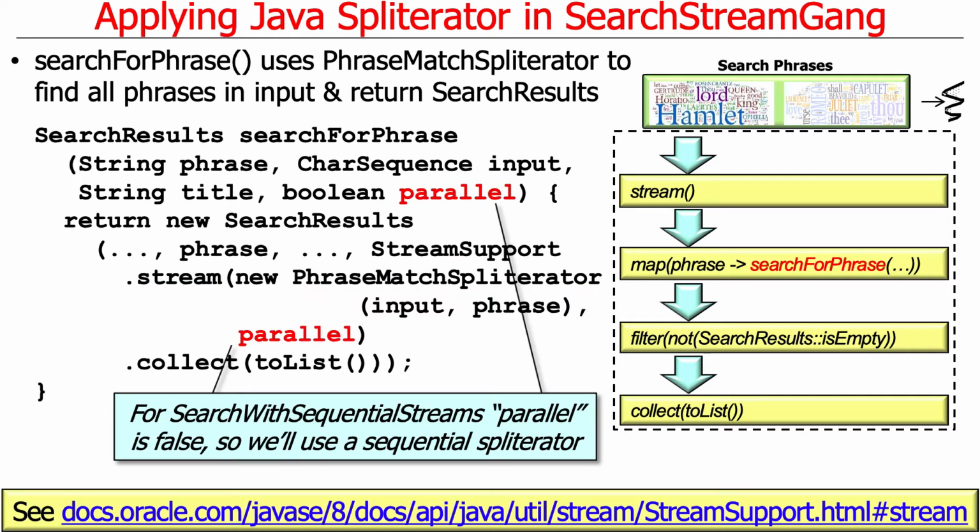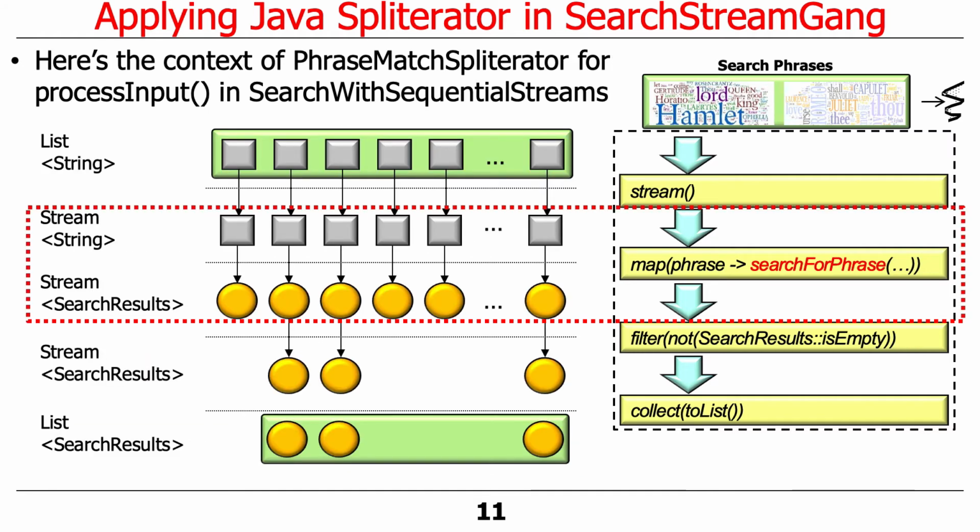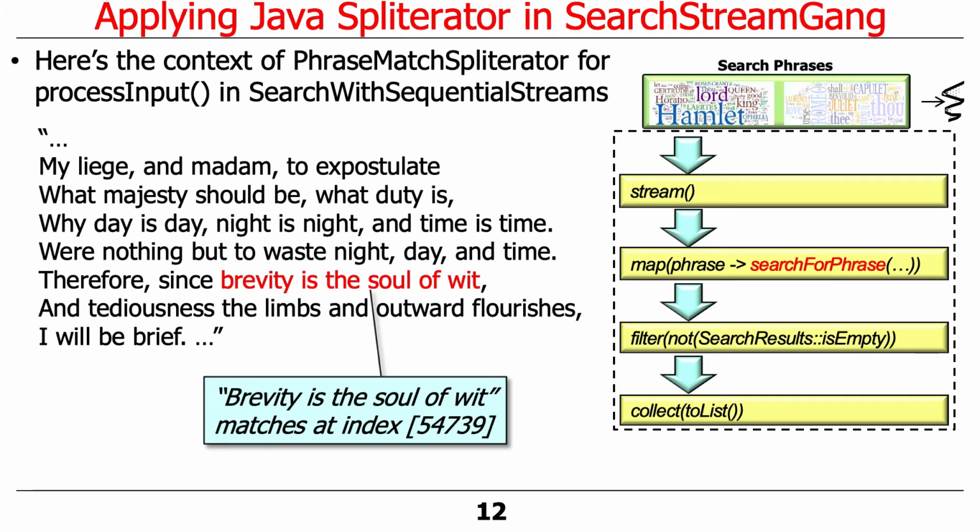So that's the big picture view, anchoring what we're about to talk about in the context of this example. As you can see, we take a stream of strings, which correspond to the search phrases. Search for phrase converts them into a stream of search result objects. That's where that piece of code occurs, and it uses a splitterator under the hood to do this.